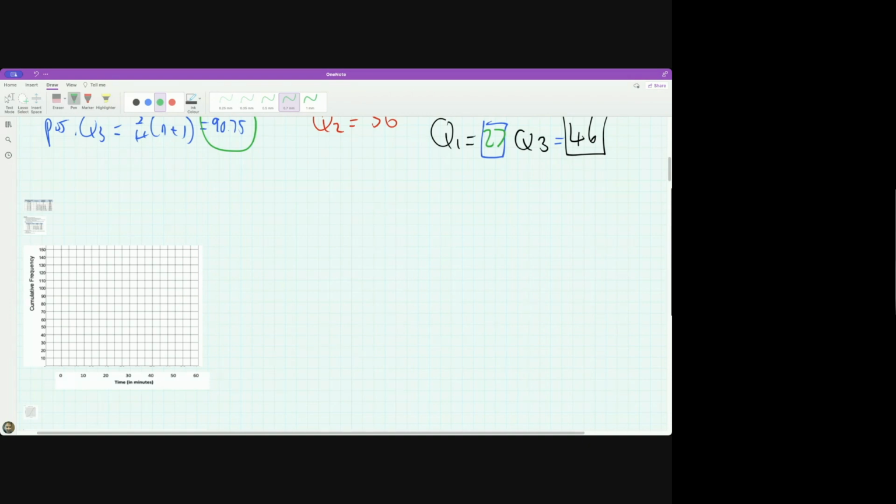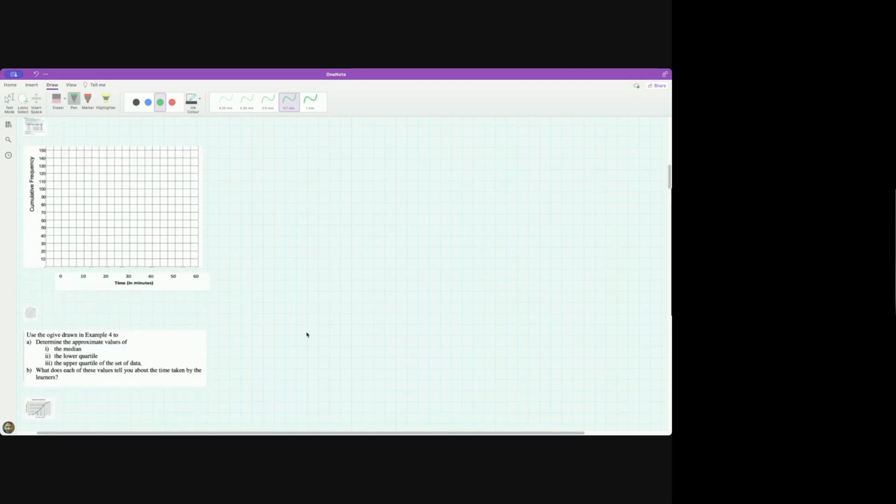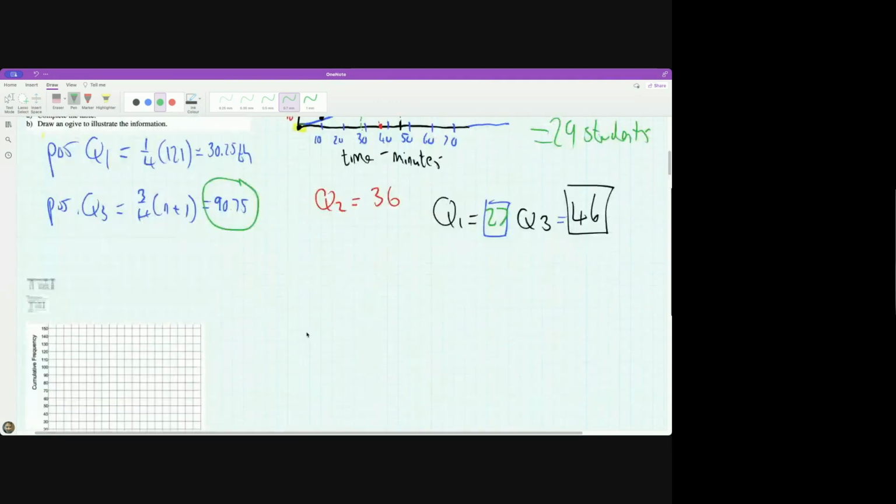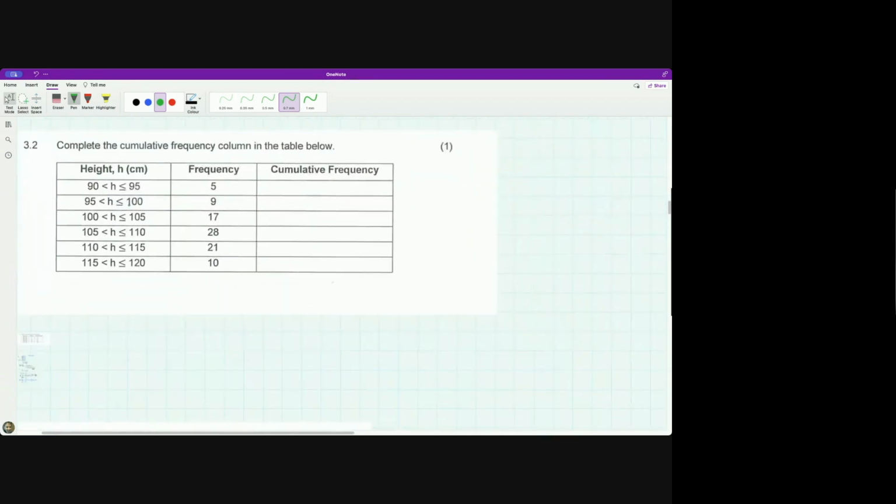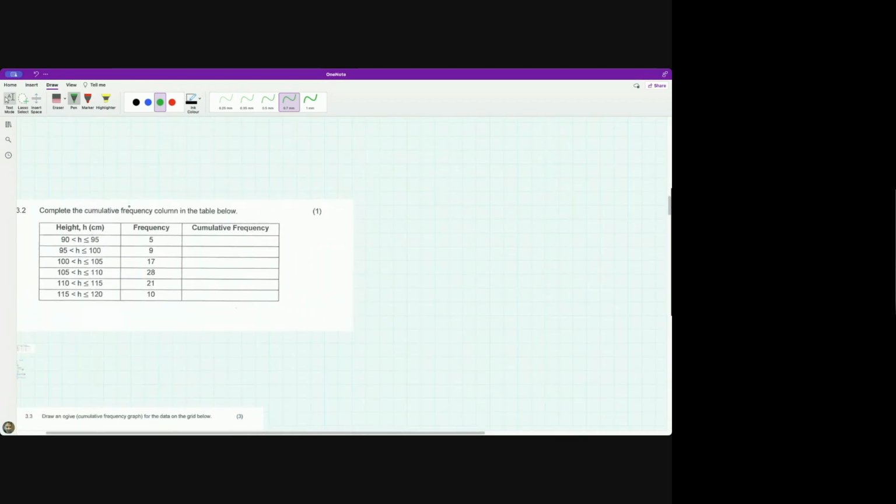Okay. So let's go to a second example where you do a little bit more of the work. Step one, I'm going to give you this data table. I want you to complete this data table, and then I want you to plot.